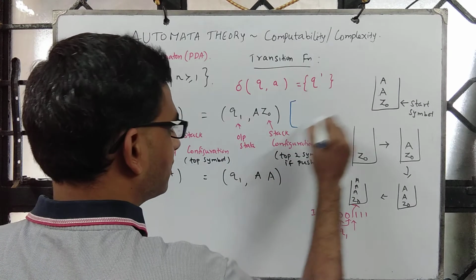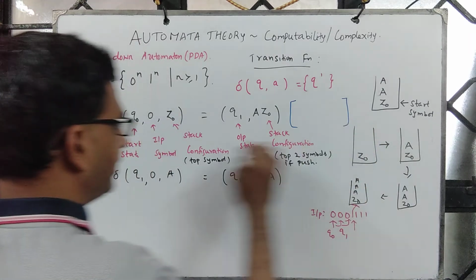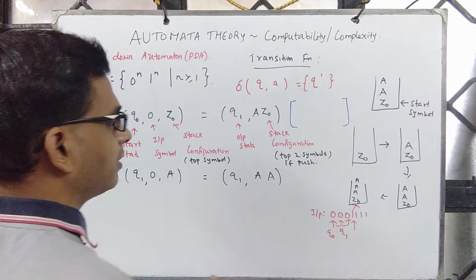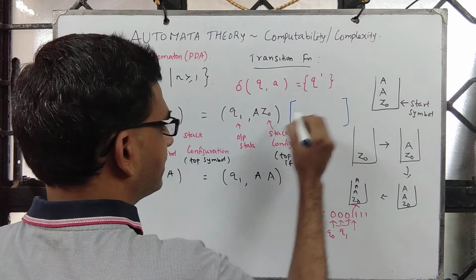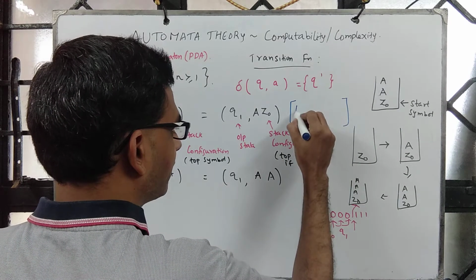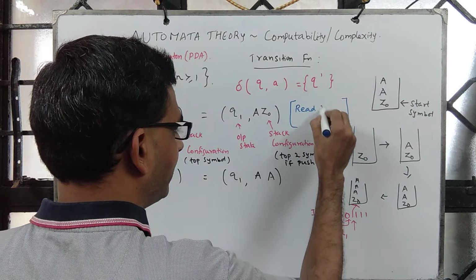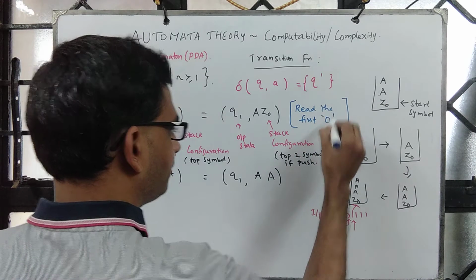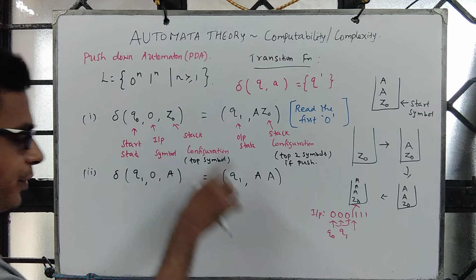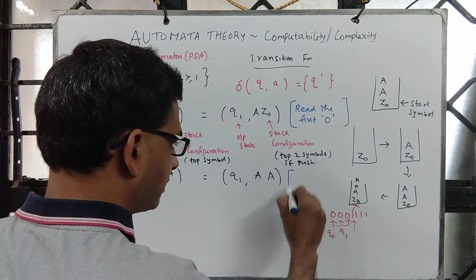Now that we have read all the zeros, what do we do? This is called the instantaneous description. Using this ID, we read the first 0. This you can apply many times.